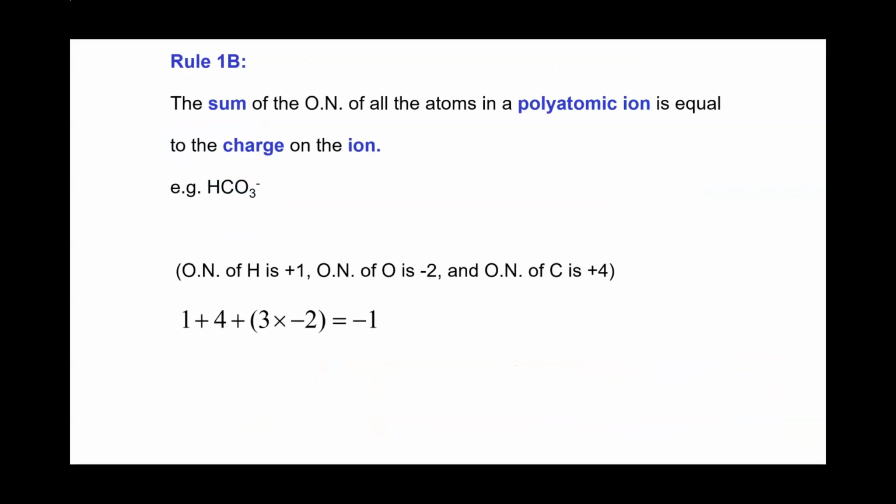The second rule is kind of related to this one. It says the sum of all of the oxidation numbers for a polyatomic ion is equal to the charge on the ion.